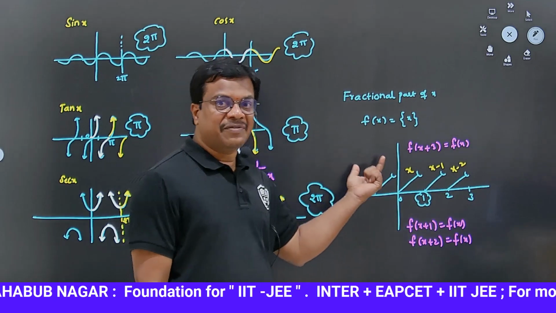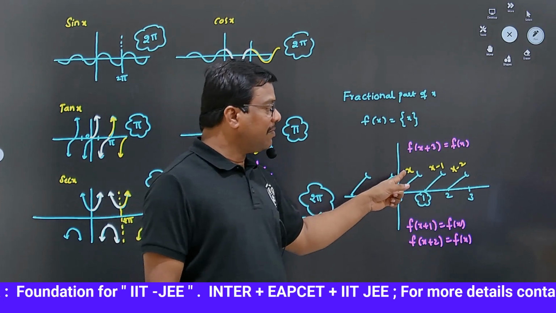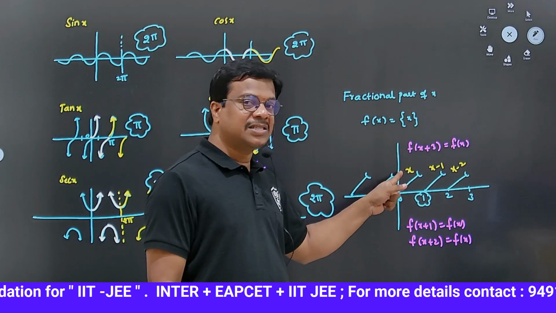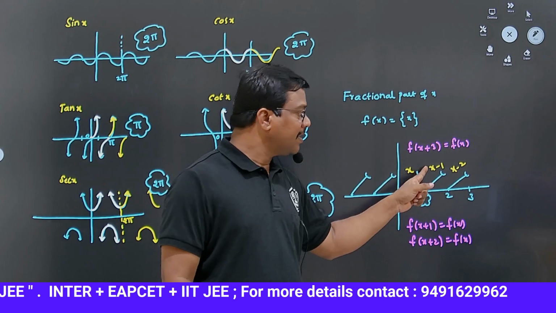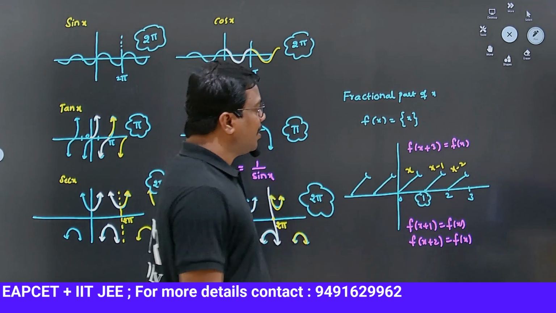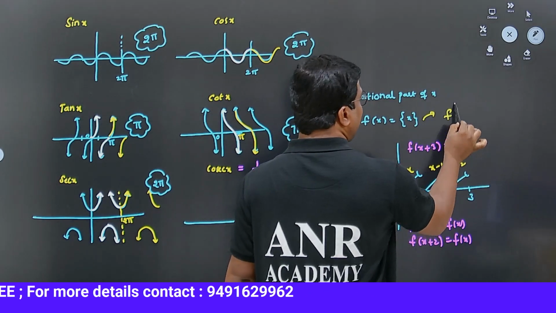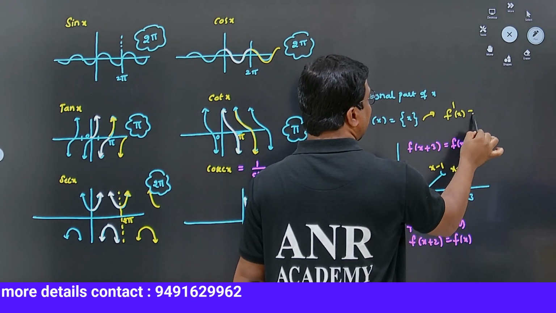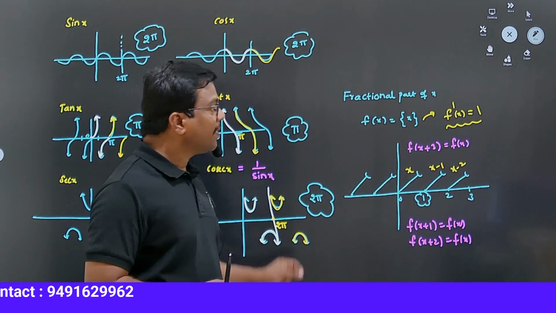The function is defined piecewise, and for its derivative, f of x equal to x implies f dash x is 1. F of x is x minus 1 implies f dash x again 1. X minus 2, derivative again 1. So its derivative is clearly 1, and it is a constant function.